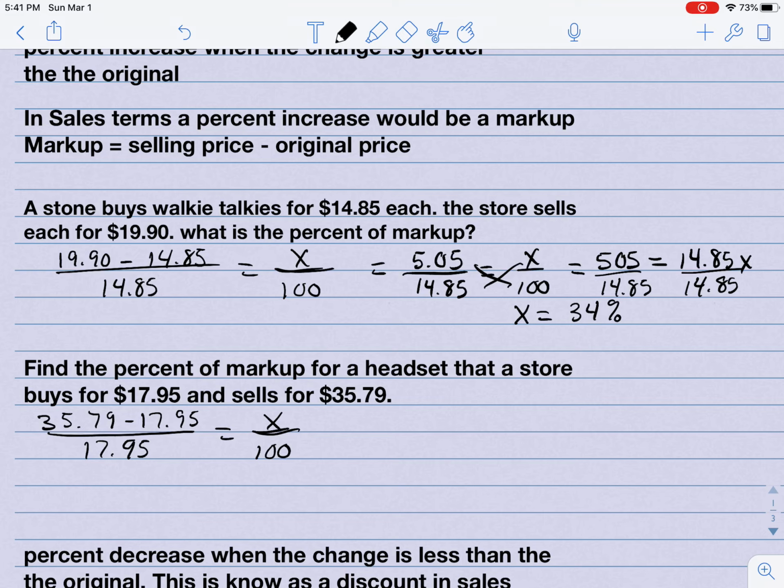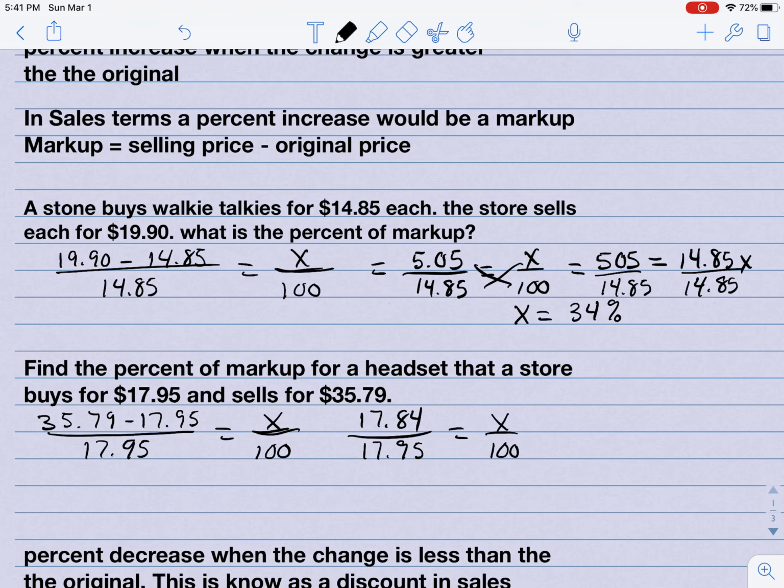So that's going to be 35.79 minus 17.95. 35.79 minus 17.95 is going to give us 17.84 over 17.95.